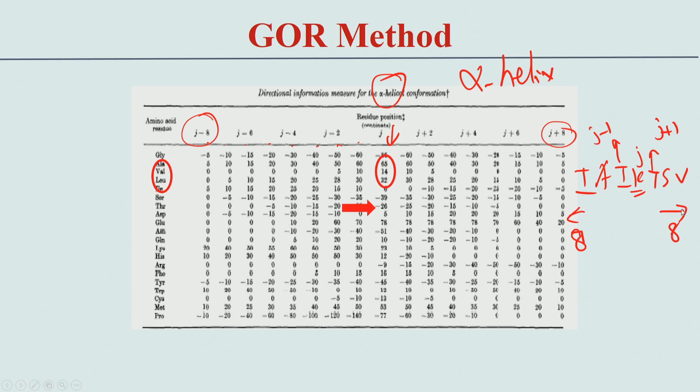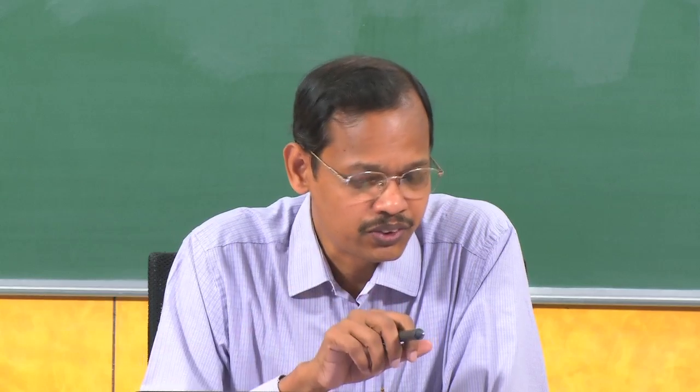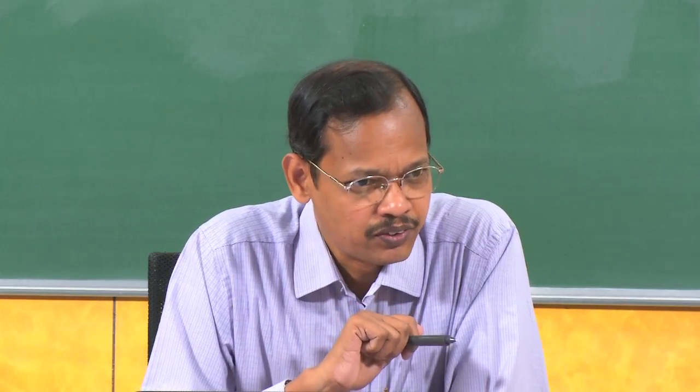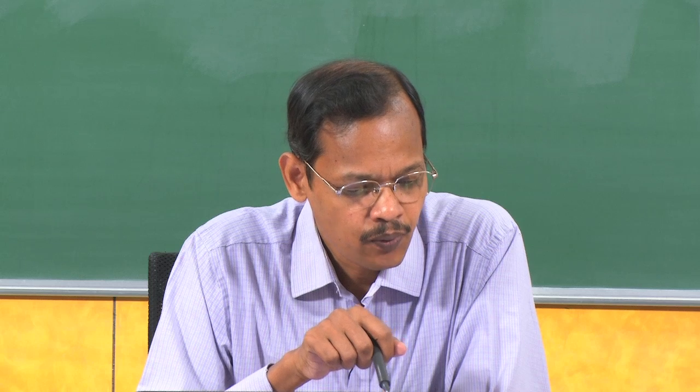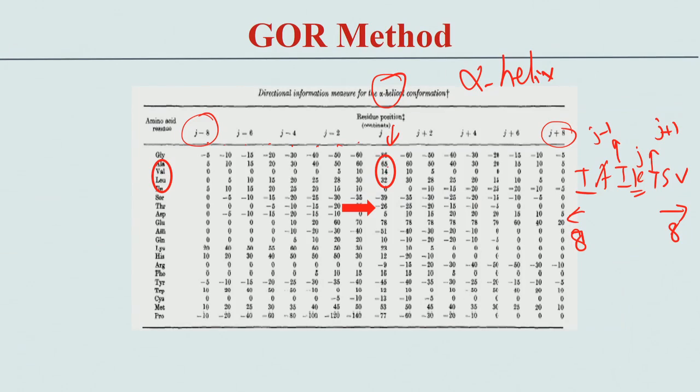If you see the matrix, we can see the preference of some specific residues. For example, at the Jth position, which residues are preferred? If you see a plus, that is a preferred one. This plus value corresponds to alanine, this is 65.